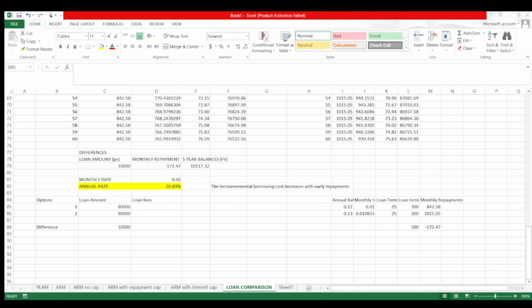So for the first option, the loan fee is 3%, which is actually 3% for the loan which was 90,000, and 2% is for the one which was 80,000.